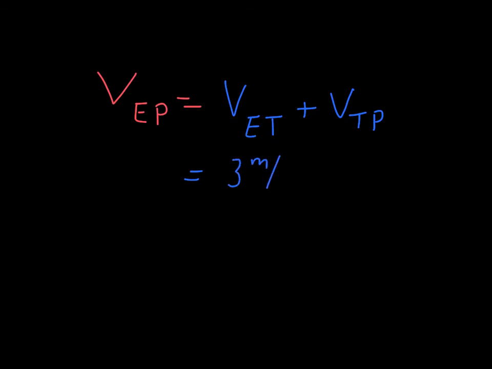All right. So hopefully what you got is the velocity of the elephant relative to the platform is equal to the velocity of the elephant relative to the train plus the velocity of the train relative to the platform, which is equal to 3 meters per second plus negative 2 meters per second, so that you get the velocity of the elephant relative to the platform is equal to 1 meter per second.